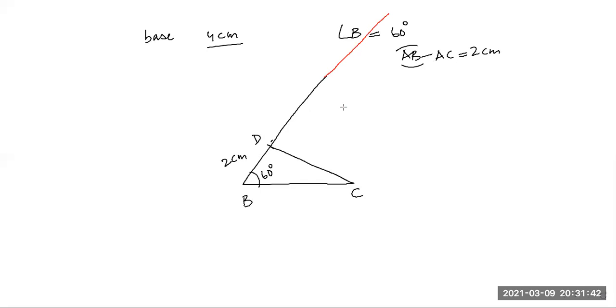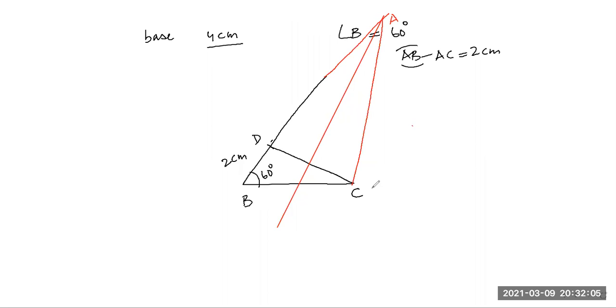Wherever this perpendicular bisector meets this side, extended BD, would be your third vertex A. So this is your third vertex A. You join A with C, you get the required triangle.